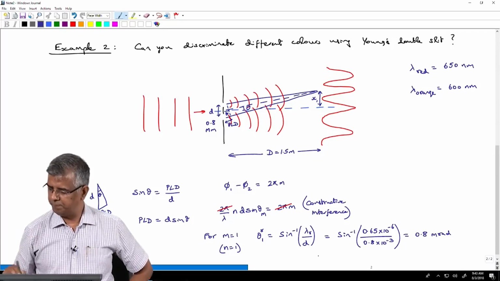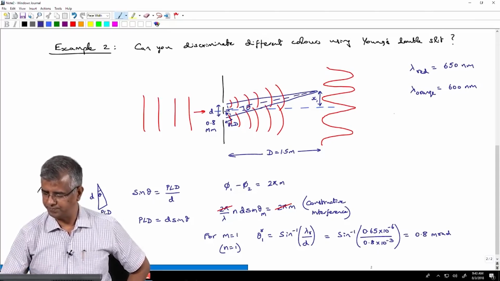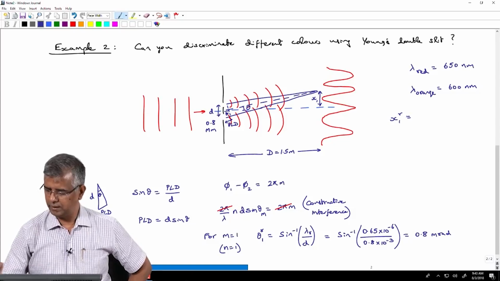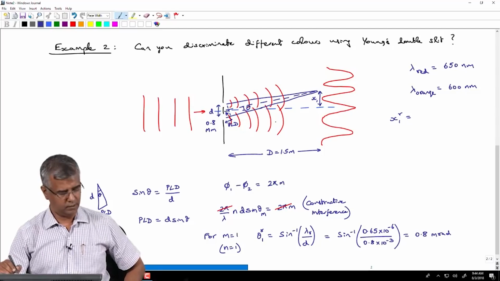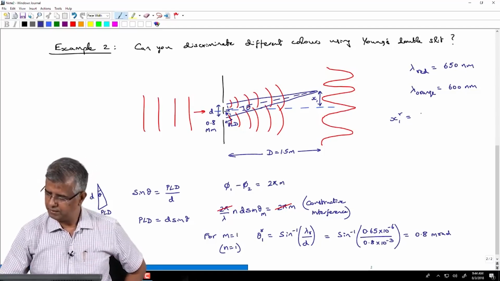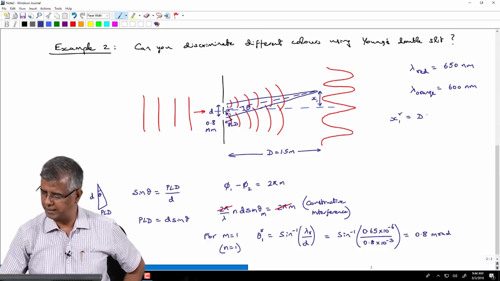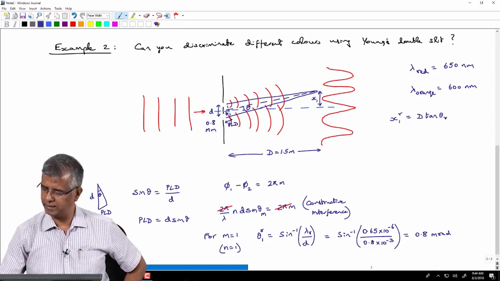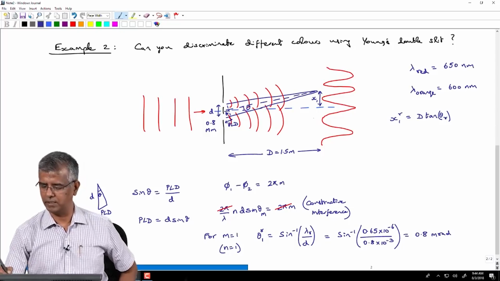Okay. But now from this I want to find out x1, right. So, x1 of r is nothing but I can write it as d times tan of theta r, because tan theta r is nothing but x1 over d.